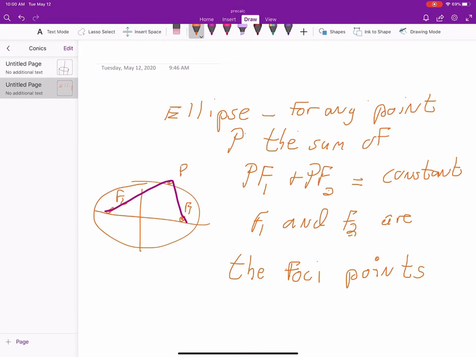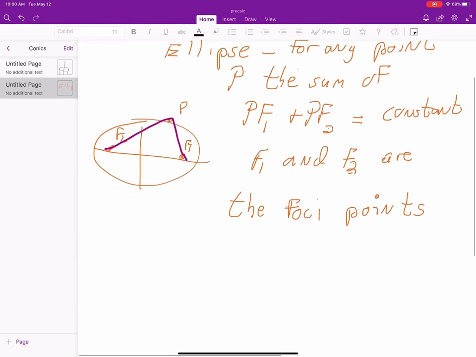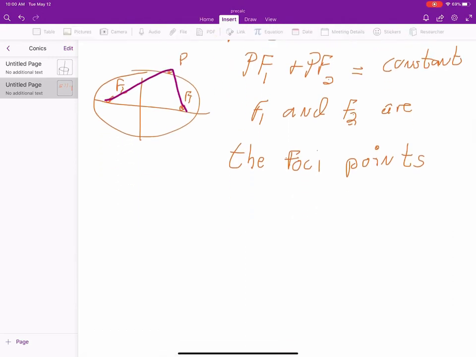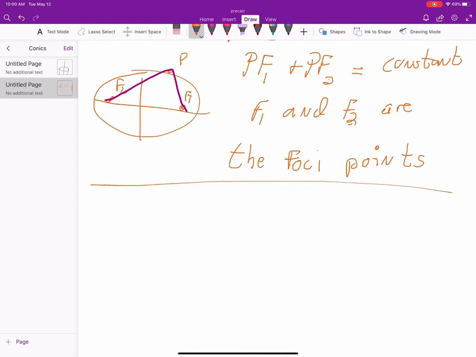All right, so now I'm going to scoot this down a little bit. Then with the circles, remember we talked about having a standard form and a general form.